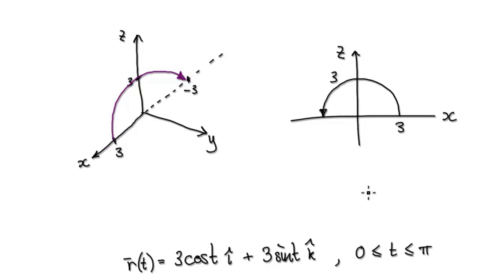Okay, so to do this, you know it's got to be of this form. It's going to be very similar to this: 3 cos t i hat plus 3 sin t k hat.